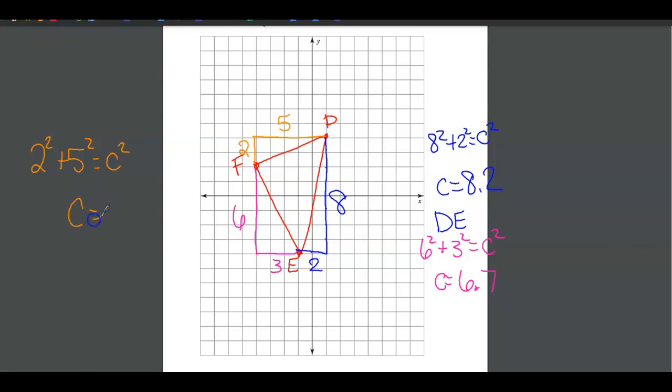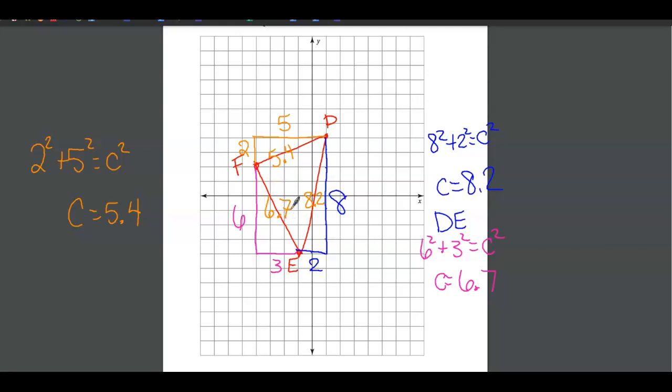And c should equal 5.4 when rounded to the nearest 10th. All right, then it says, because the directions were to find the perimeter of that triangle, since this line segment is 5.4, this line segment is 8.2, and this one was 6.7.